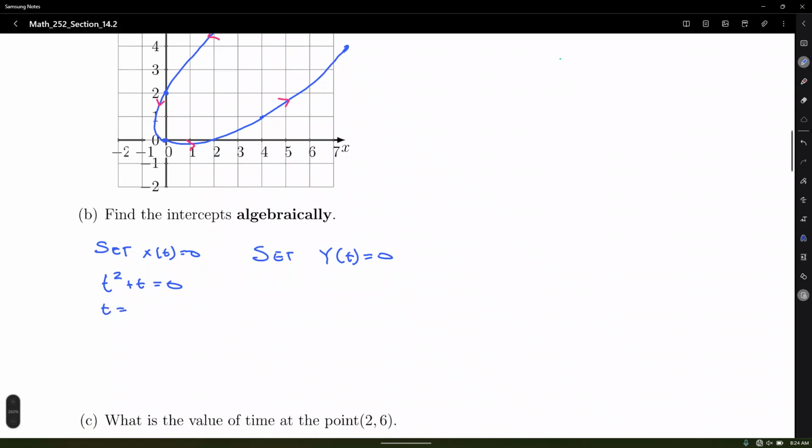We can factor out t times t plus 1, set that equal to 0, and using the zero product property, either t equals 0 or t plus 1 equals 0, which means t equals negative 1. Here, t equals 0 again.